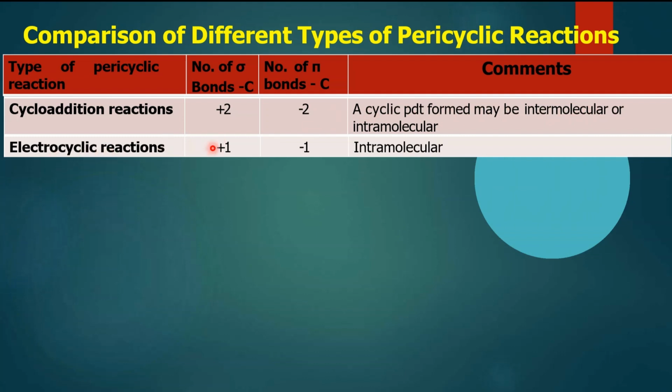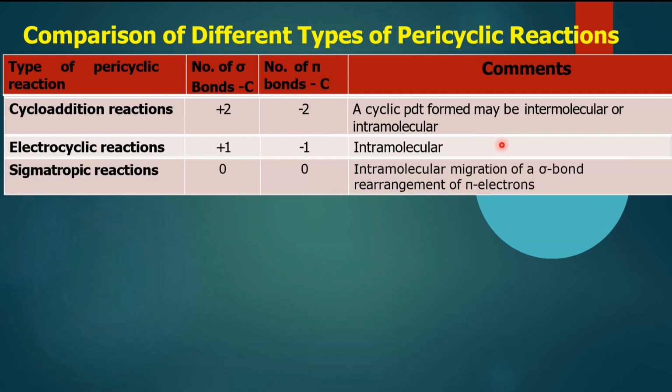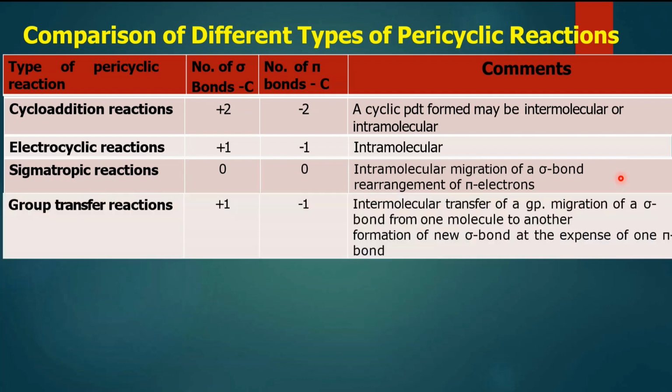In electrocyclic reactions, a new sigma bond is formed at the expense of a pi bond, and it is purely intramolecular. In sigmatropic reaction, there is no new sigma bond and there is no loss of pi electrons. There is only the migration of the sigma electrons from one position to another, and it is purely intramolecular.